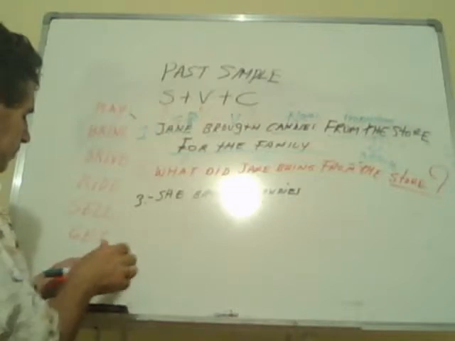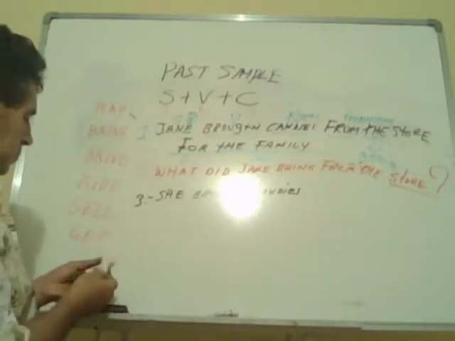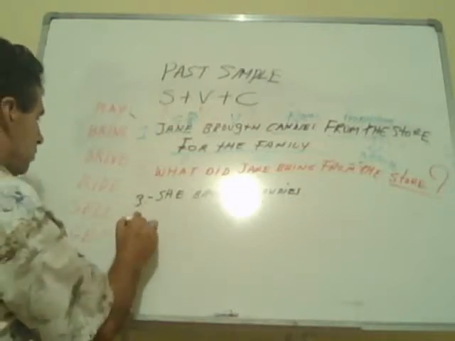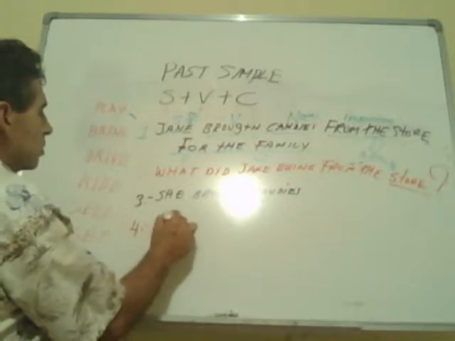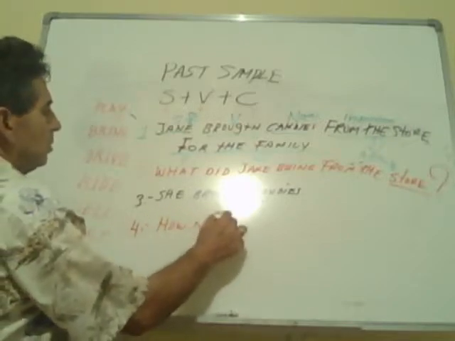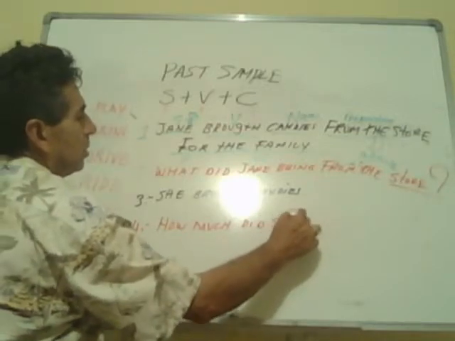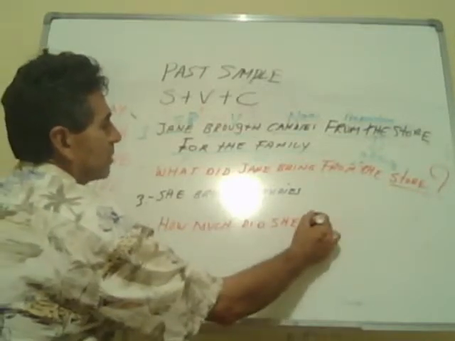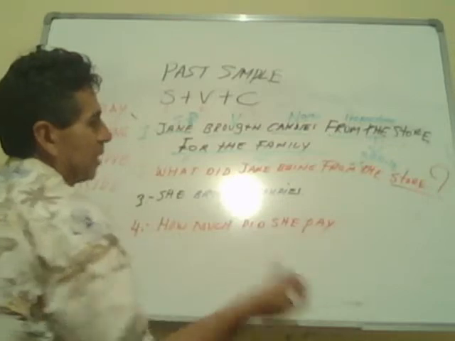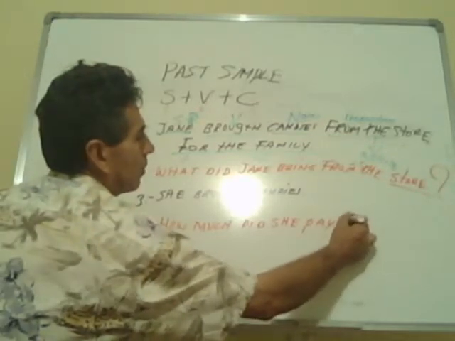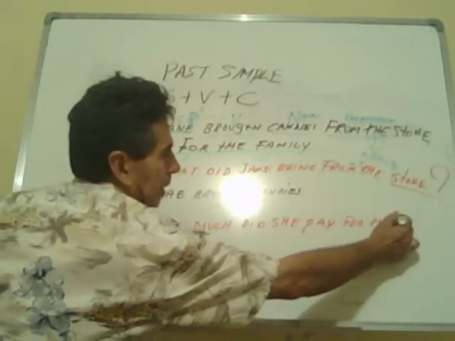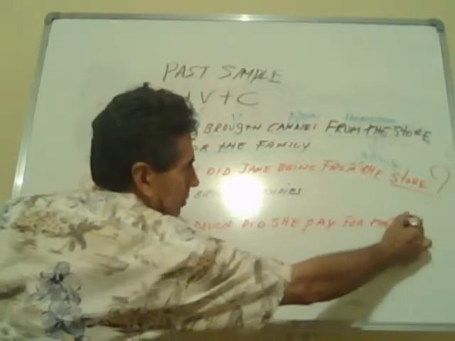Number 4. How much did she pay for the candies? The word pay is about money, right? Pay for the candies.